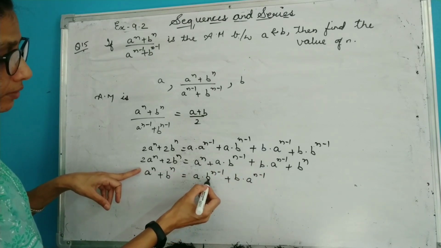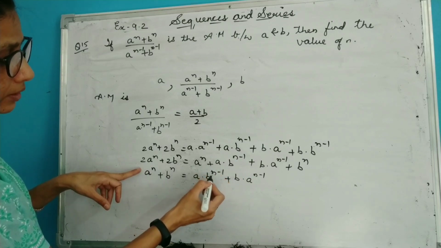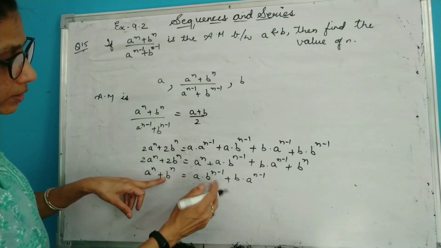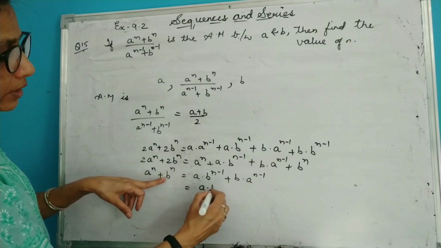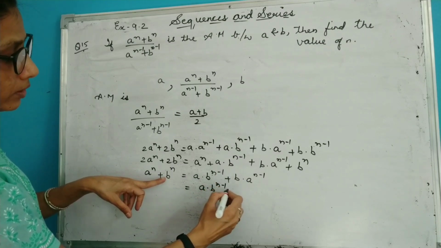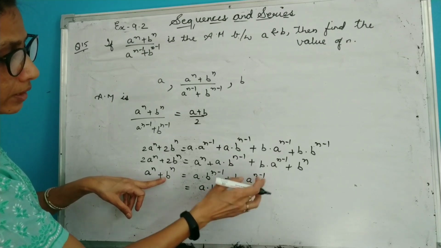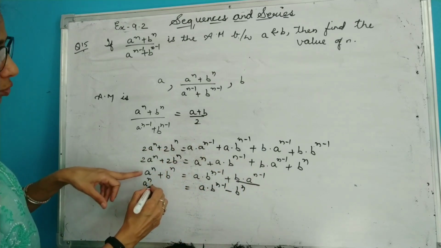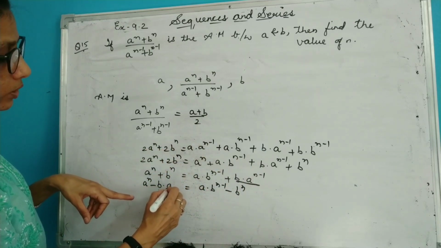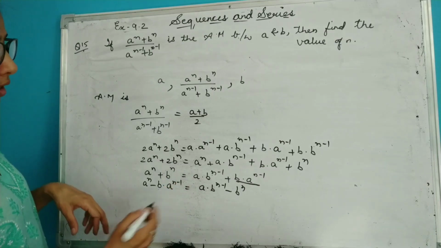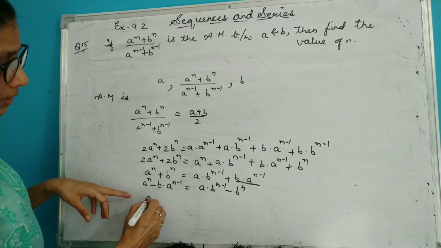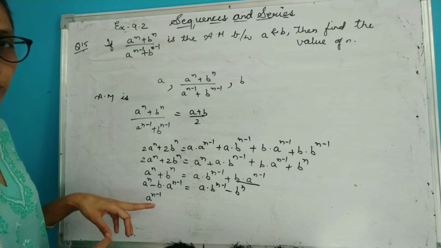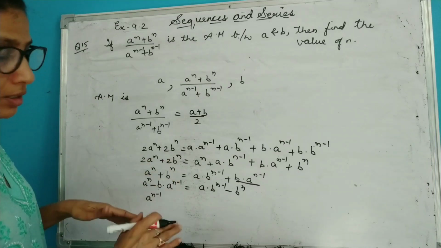Here I will bring this to this side, so it will be a into (b raised to power n minus 1) minus b raised to power n, and I will bring this term to this side, so this will be a raised to power n minus b into a raised to power n minus 1. Now out of these two I can take n minus 1 common because this is the lower power.